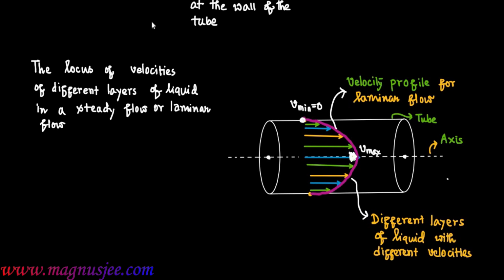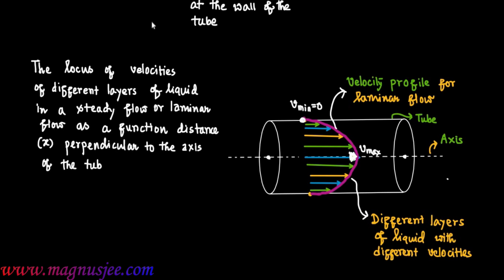Steady flow, laminar flow and streamline flow are same, as a function of distance perpendicular to the direction of flow of liquid or perpendicular to the axis of the tube.